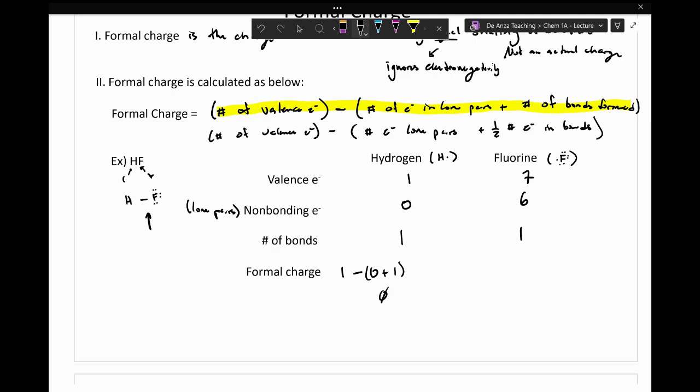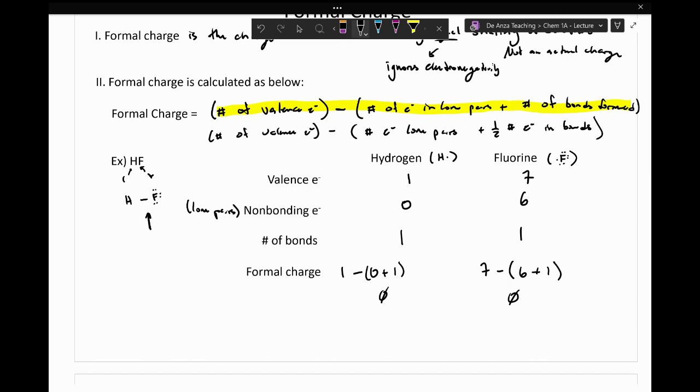For fluorine, number of valence electrons minus number of electrons in lone pairs, so 6, and then minus the number of bonds formed, so that's 1. So that's 7 minus 6 minus 1, and 7 minus 7 is also 0. In this case, the formal charge on each of our atoms is going to be 0, which is good.